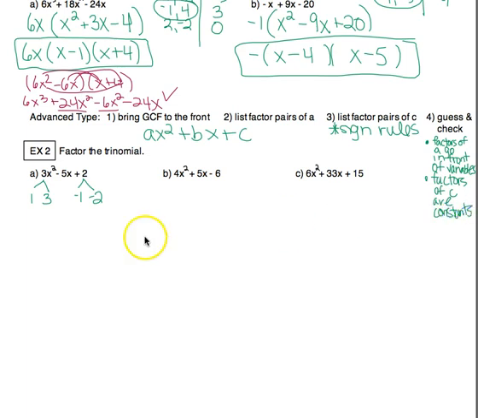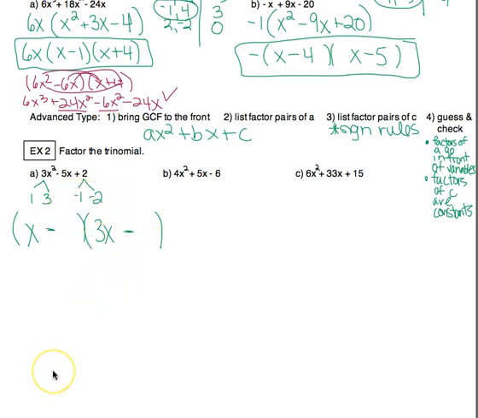So what that means is I am taking this format where I know these are both going to be minuses, right? So I'm going to have either 1x or 3x here. It doesn't matter which one you do in which place because the order isn't important. And then I'm going to have 1 and 2 in the backs.